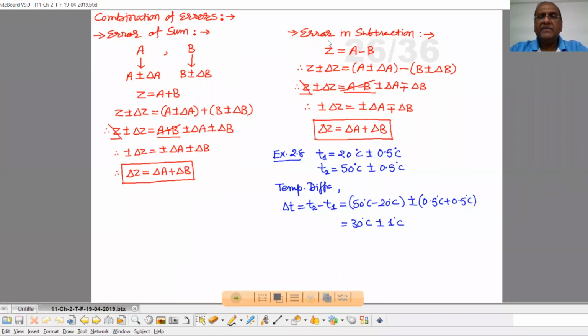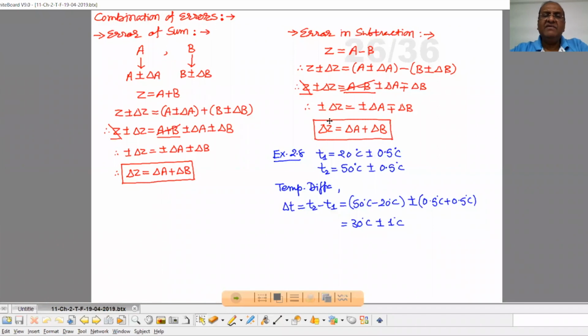Very good. Error in subtraction. Suppose the physical quantity Z is defined as A minus B. So Z plus or minus delta Z equal to A plus or minus delta A minus B plus or minus delta B. Left side as it is, then here A minus B, then plus or minus delta A. But when this negative sign is multiplied with this plus minus, it will be minus plus, because minus into plus is minus, and minus into minus is plus.